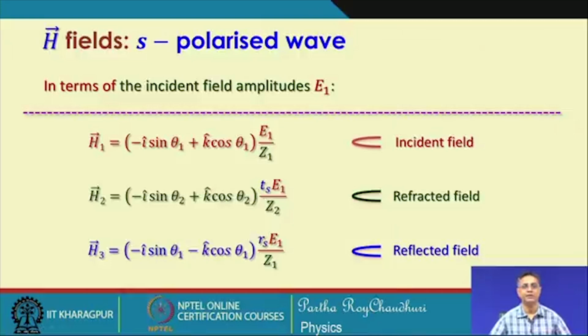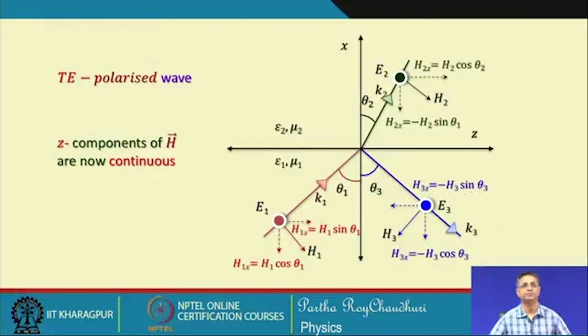Now, we can calculate all that is needed for the phenomenon of reflection and transmission through the interface. So, for a TE polarized wave, the z components of H are now continuous, this is the boundary condition. Z component of H means this is the z component, this is the z component and this is the z component.